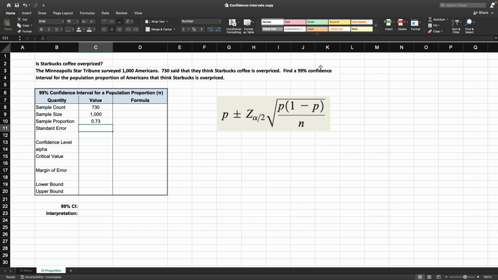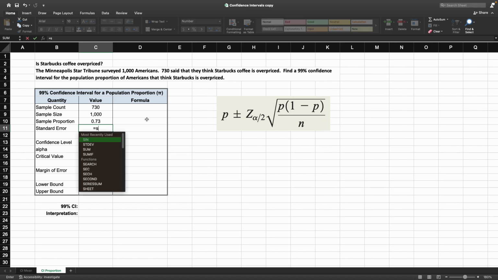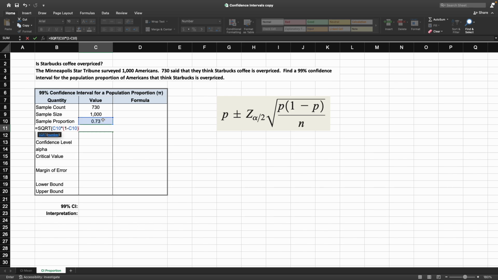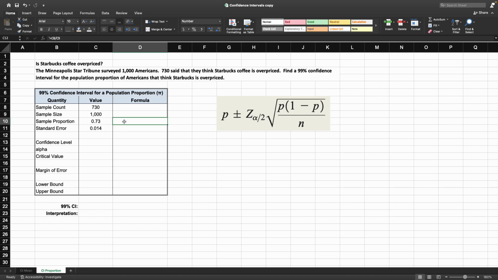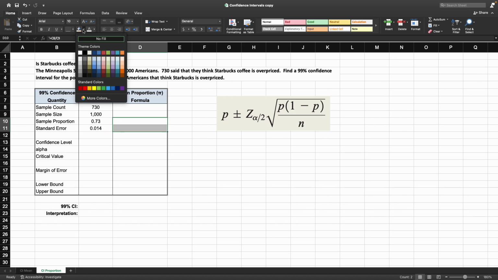Now the standard error is the square root of p times 1 minus p, divided by n. So let's do equals SQRT, open parenthesis, p times parenthesis 1 minus p close parenthesis, divide by n, the sample size, close parenthesis, enter.